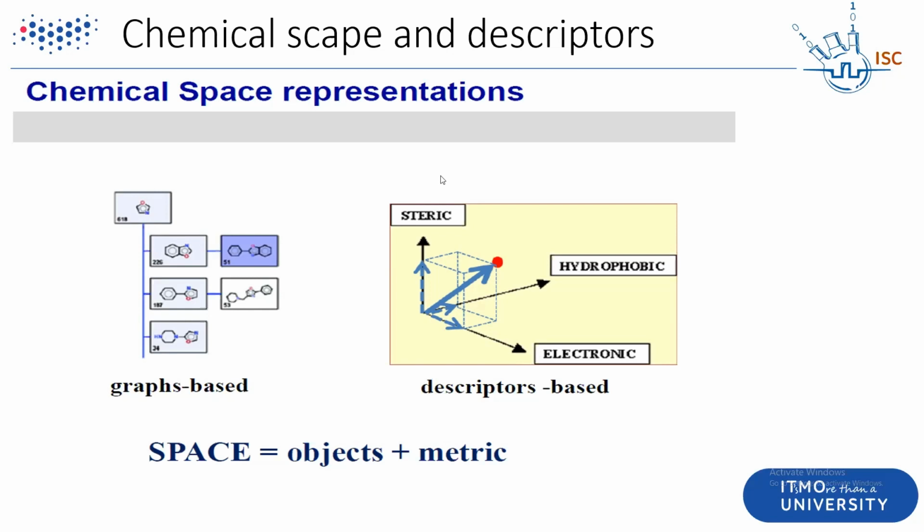The different descriptors, including graph-based and descriptor-based, and you can add your own descriptors like we did. We added the descriptors related to the Voronoi entropy, for instance. This is a new descriptor which we added to the descriptor list. And we could actually structure the chemical space by analyzing the objects plus matrix.